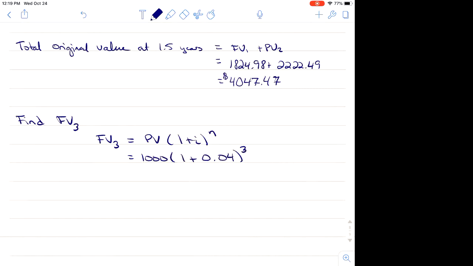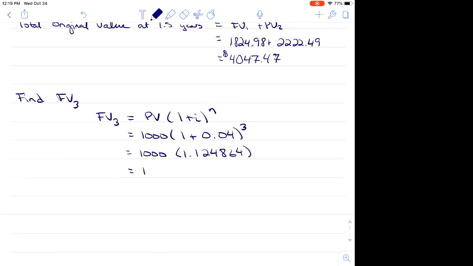So 1.04 to the power of 3, I have 1,000 times 1.124864, which is 1,124.86.